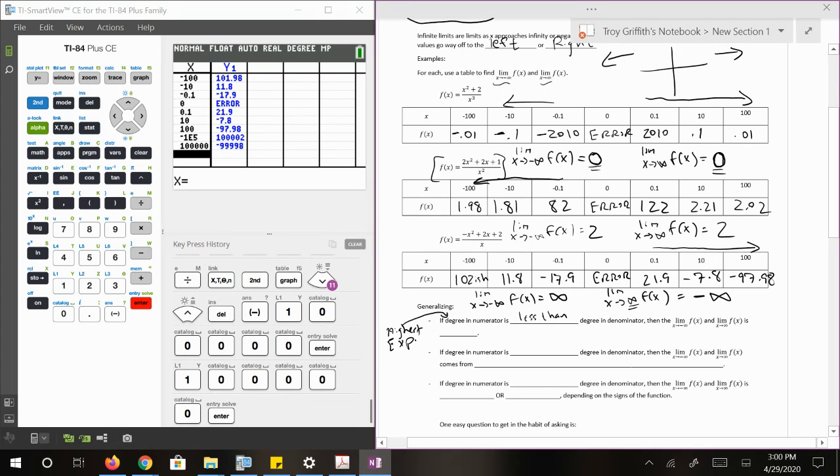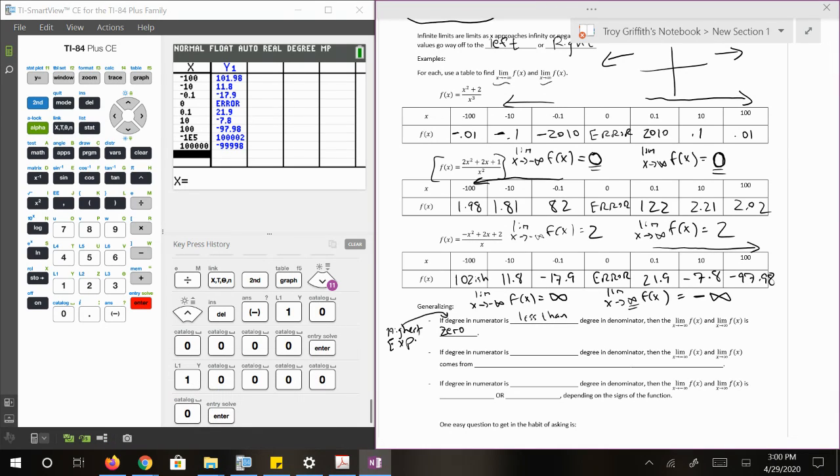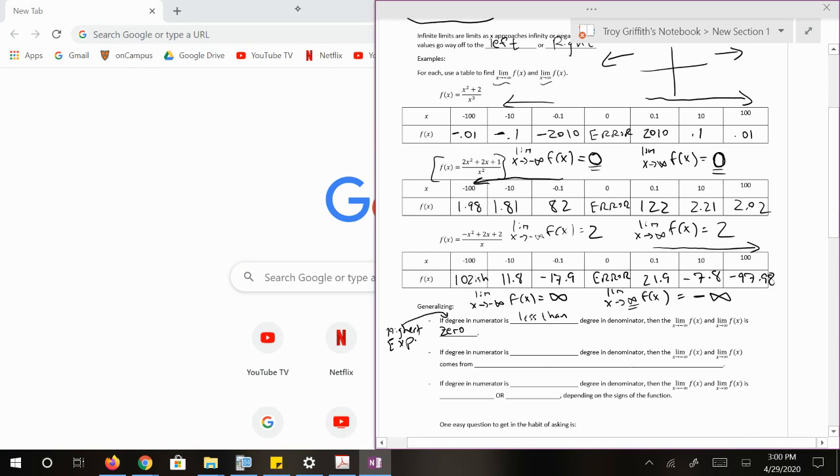Okay. Now, a great question to ask ourselves is why? Why is the limit here 0? Well, a really easy way for me to show this is for us to look at a function like, let's see if I can get a smartboard up here. Okay, let's give this one second.